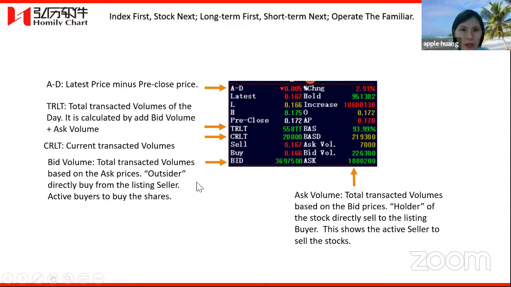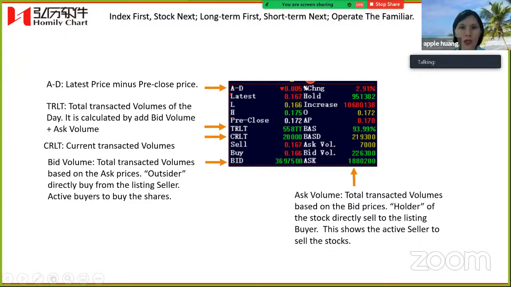All right. So now I explain the tick chart here, what information can you get? A minus D. I don't know how to call this signal, but I may call it A minus D. This is the latest price minus the pre-close price, the latest transacted price minus the last closing price.